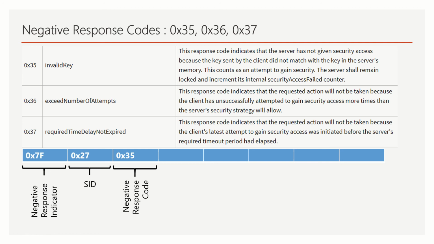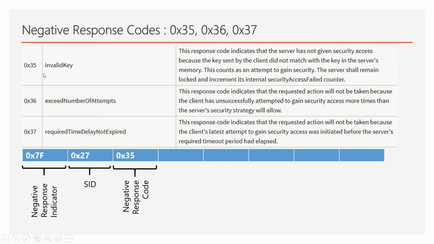Whenever we are requesting the security access service, let's say we did 2701 and got the seed value, and then we follow with 2702 with the key. Now if we try with an invalid key, let's say 0012 or 13, anything, then we will get this NRC 35.